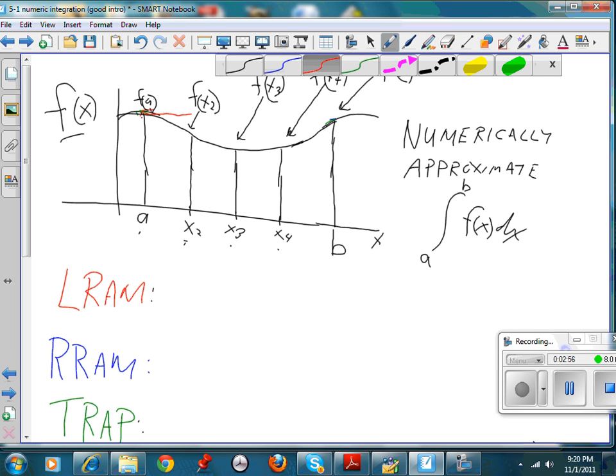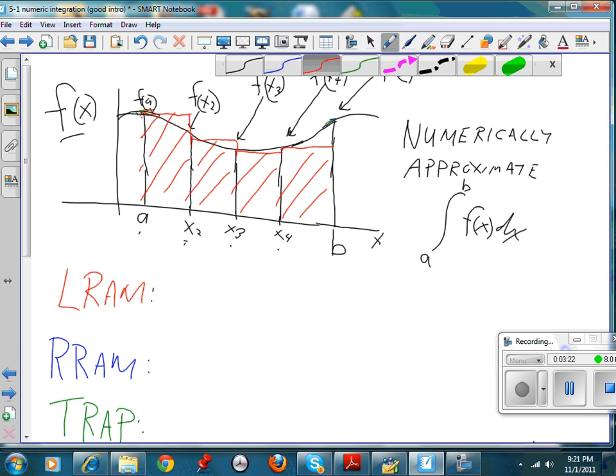We use that height there, this height here, that height here, and that height here. So these will be our rectangles.